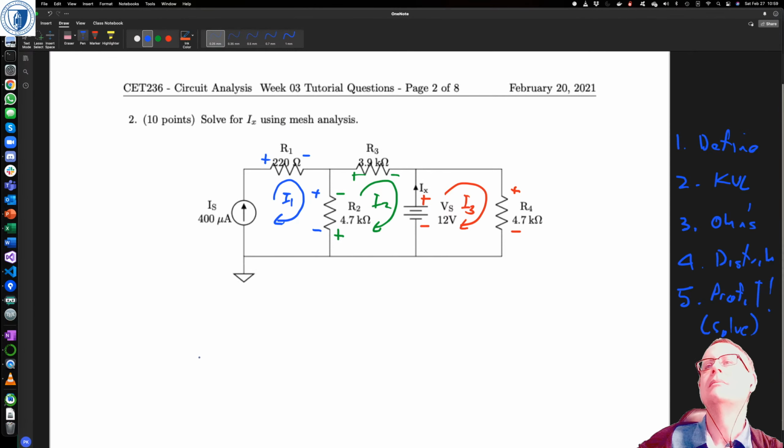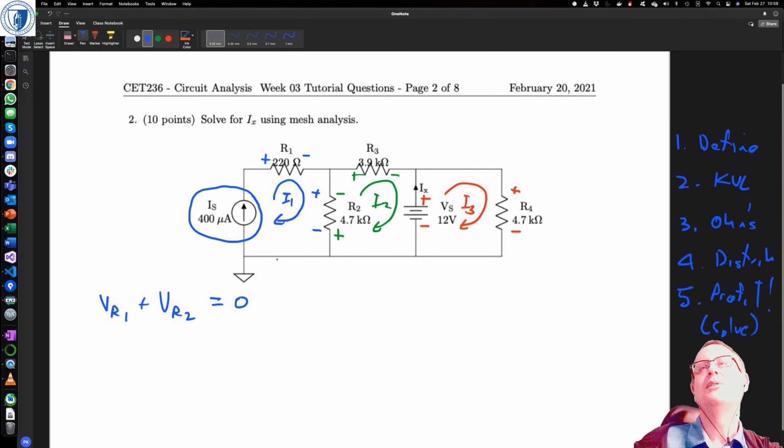All right, so VR1 plus VR2, it's equal to 0. And there's another device here, right? So probably there's a minus direction.